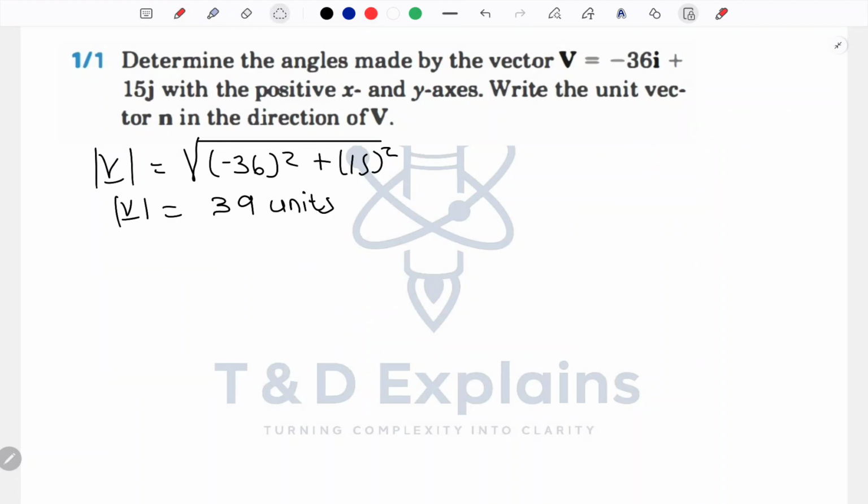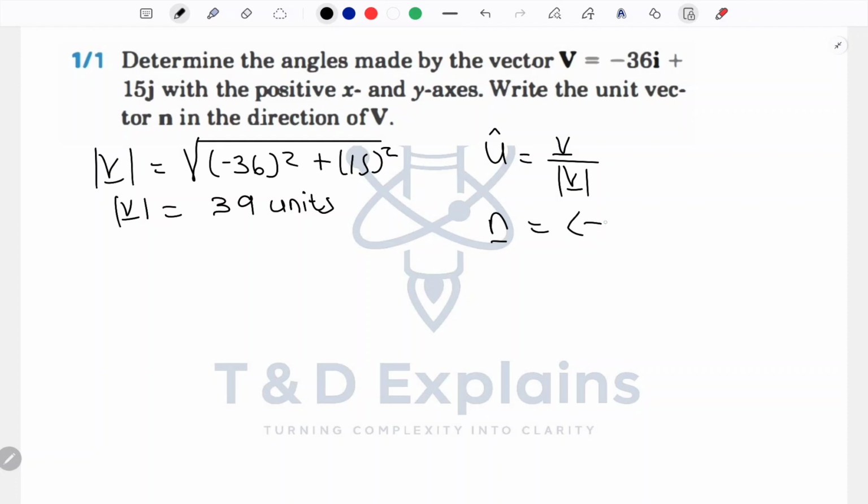Okay. The second part of the question says that we should write the unit vector n in the direction of v. Recall that a unit vector is simply the vector given divided by the magnitude of the same vector. So right now we call it n. And what is v?